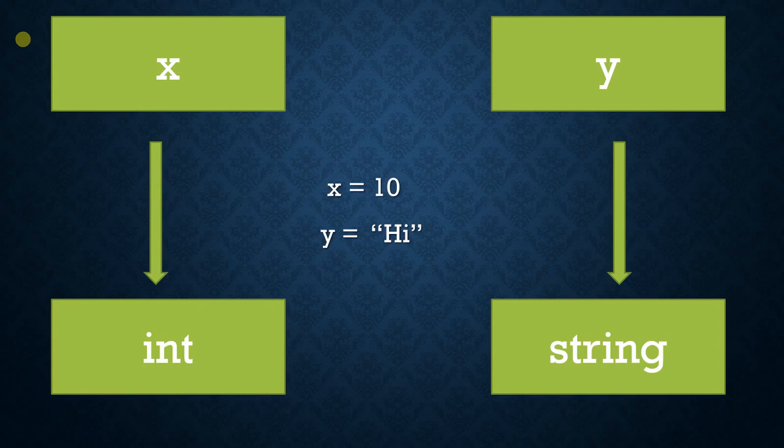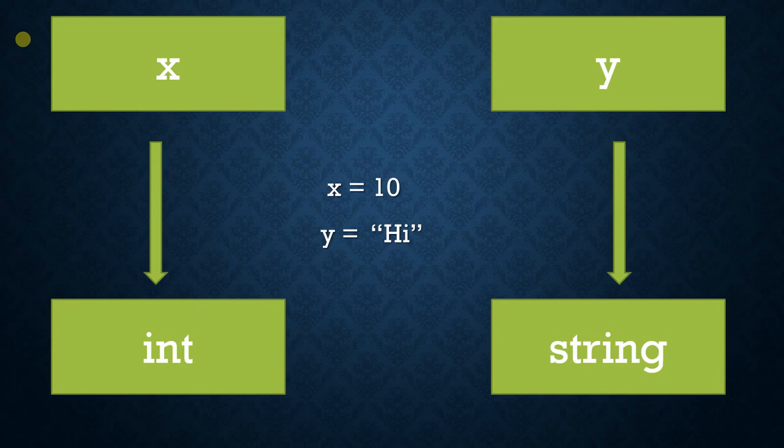So 10 is an integer. That means X is of integer data type. And Y stores a word in it. So it is a string data type. So words or characters are referred to as strings in Python. Now in our first section, we'll deal mainly with these 2 data types. We will learn more complex data types as we progress into the course.